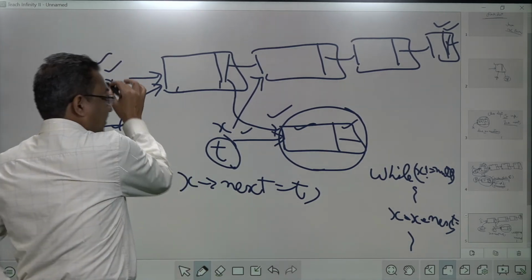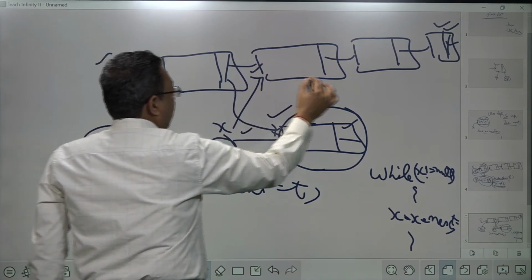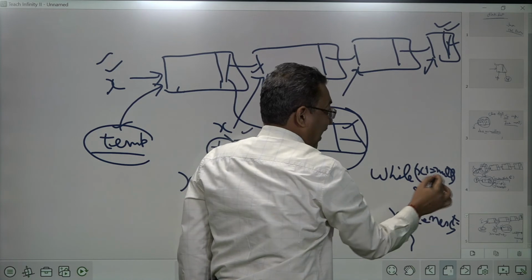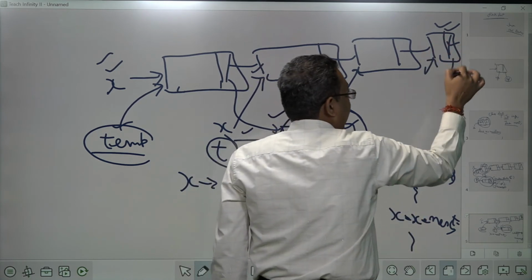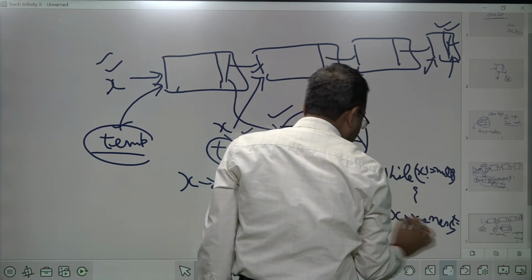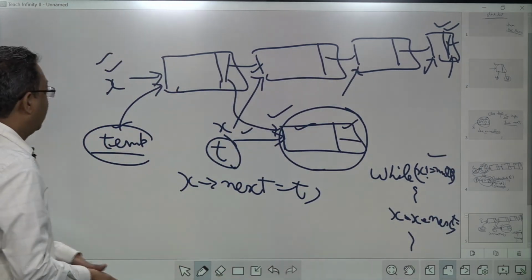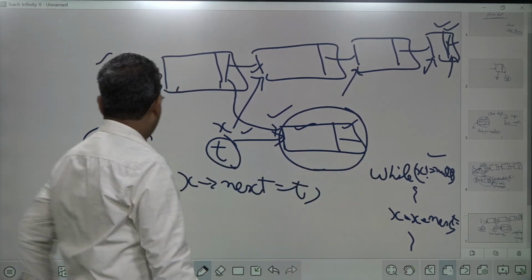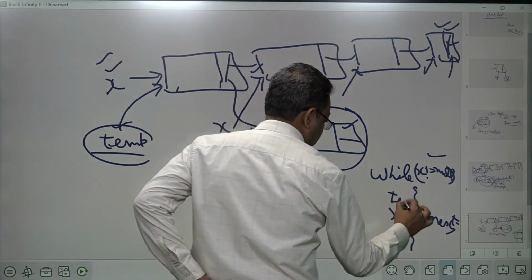So here x is this, x is not null, so x will come here, then here, then here. X is not null, of course, then x next, x will come here, so x will become null. Only then will this condition become false and we are out. So what I am saying is, once you are doing this, try it out like this.